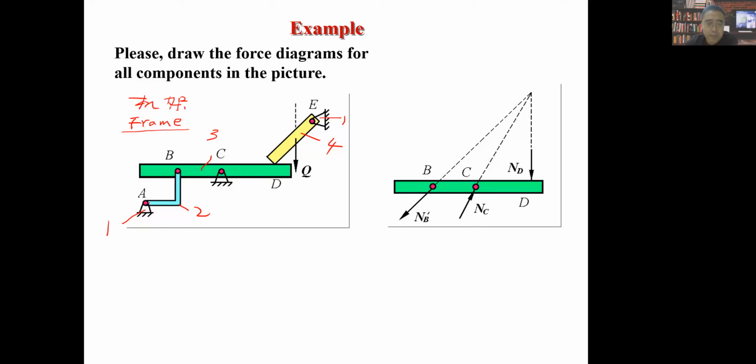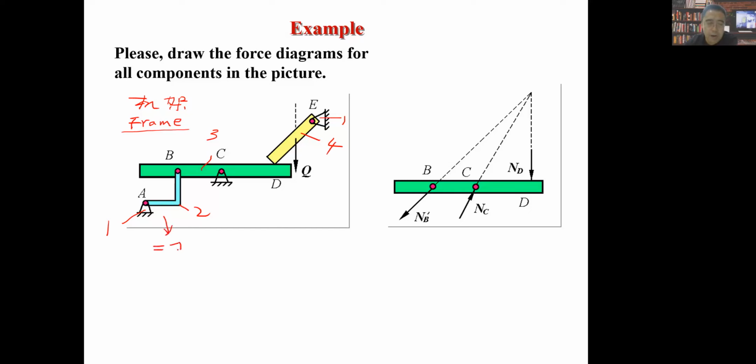Although its shape is L shape here, it only has a force at 2 points A and B, and it is in equilibrium conditions. That means this L-shaped rod AB will be the double force equivalent rod.